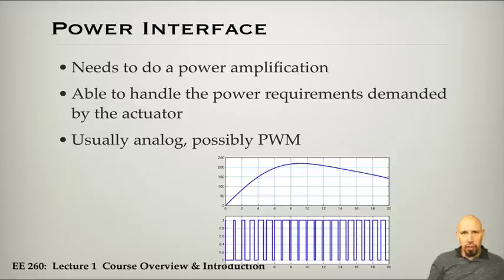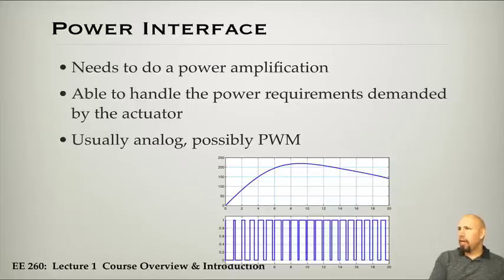The Arduino can put out milliamps of current, but a motor might require 30 amps. So there needs to be an increase from the milliamps up to the 30 amps. The important thing is that the power interface is able to handle the power requirements demanded by the actuator. One little Arduino may not be able to drive a bank of lights, for example, so you need something else that can handle the power needed by the lights.